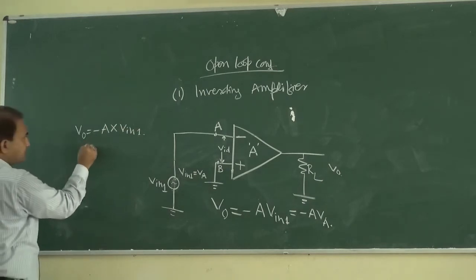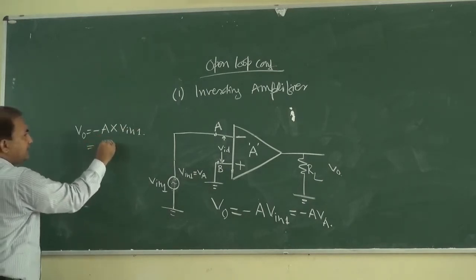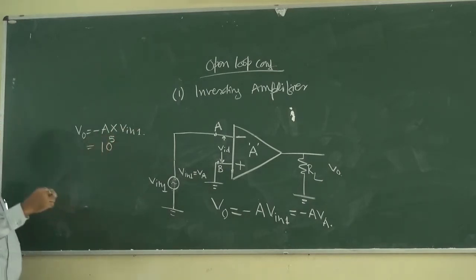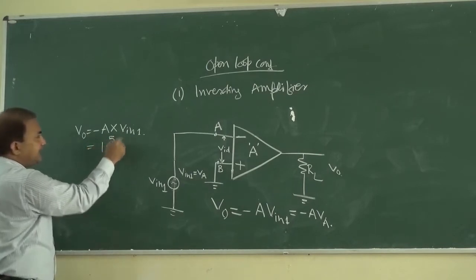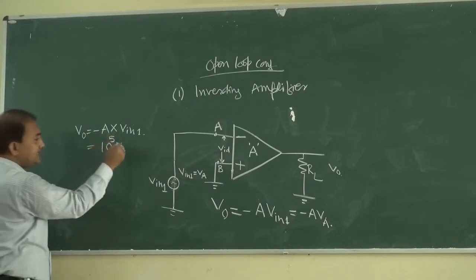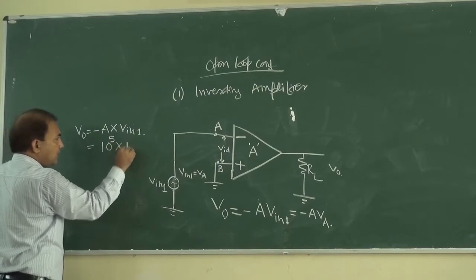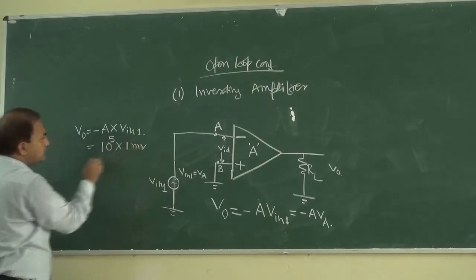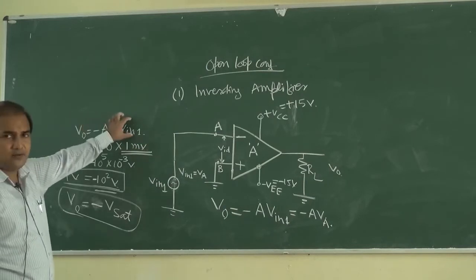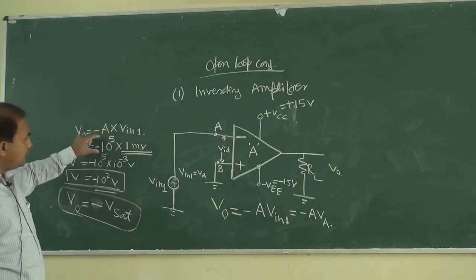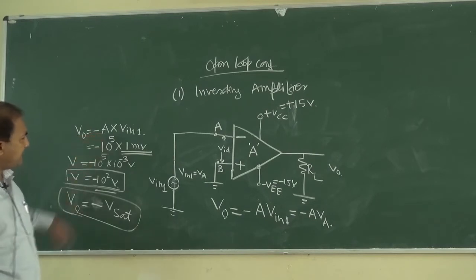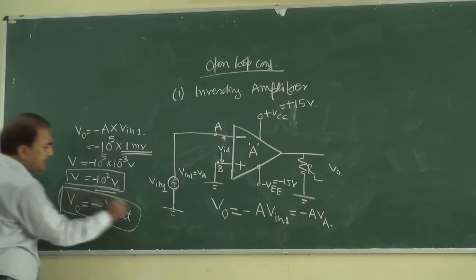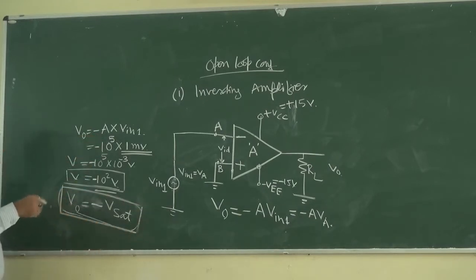Suppose A is 10 to the power 5, and if V in is say 1 millivolt, V output, minus A into V in 1, is equal to minus 10 to the power 5 times 1 millivolt, so V output will be equal to minus V sat.